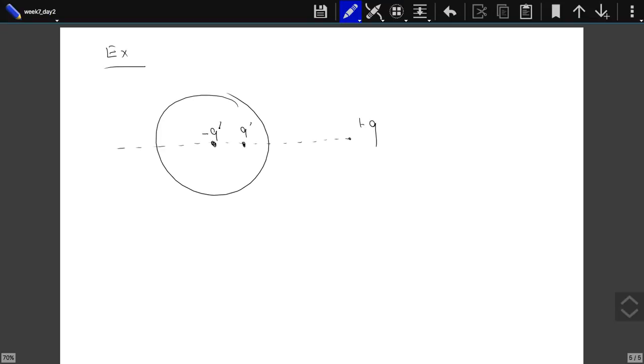Plus the net charge in the volume of the sphere is 0. So the potential corresponding to these 3 charges satisfies the Poisson's equation in my volume, satisfies my boundary conditions. So it's unique. We are done. So in this case, a single charge creates two images.